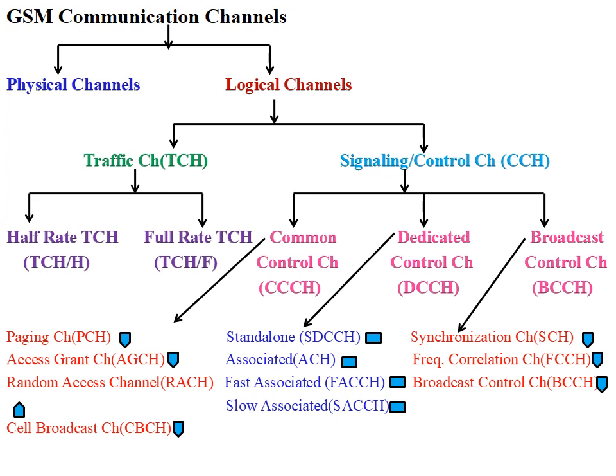Next type of the dedicated control channel is the fast associated dedicated control channel. It is used to send time critical signaling by using a time slot of the traffic channel, which is required to establish a call, for subscriber authentication, or in handoffs.